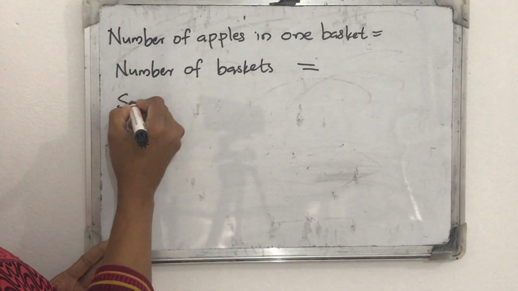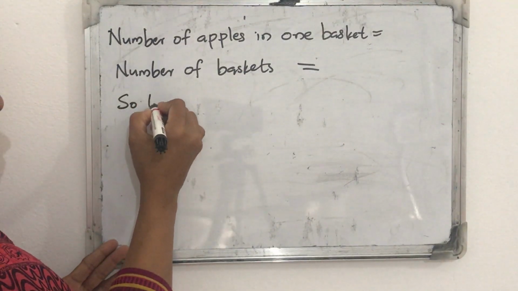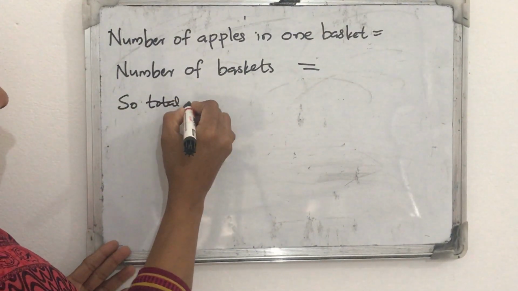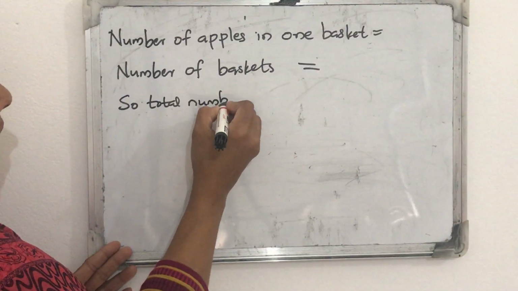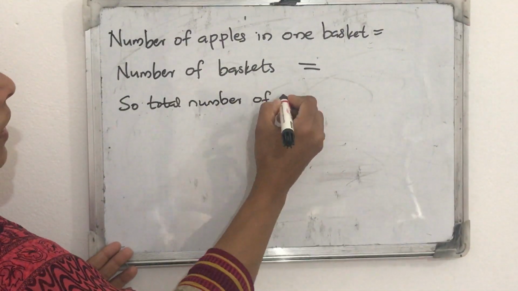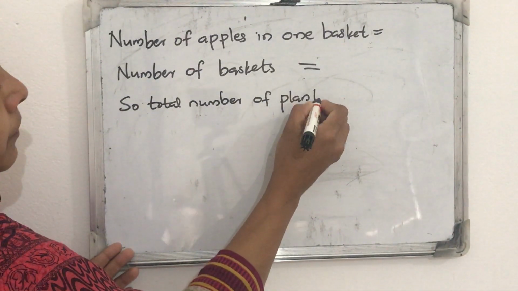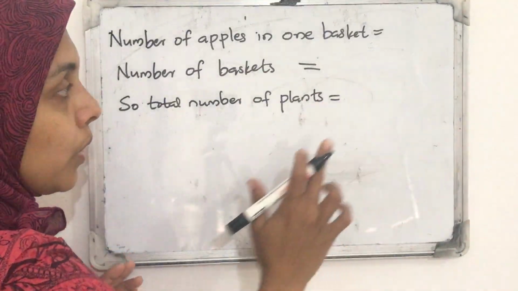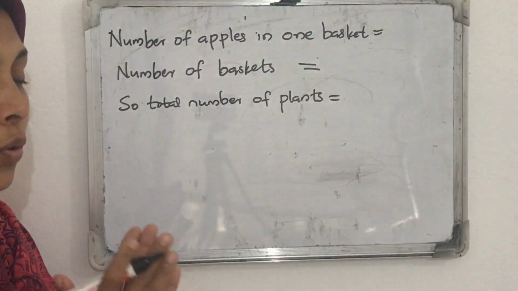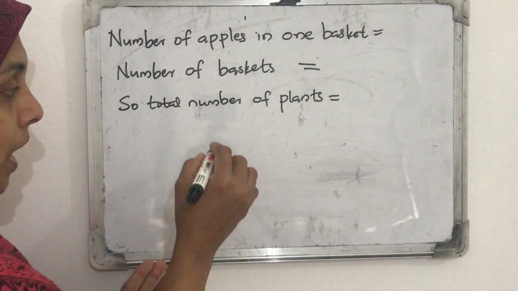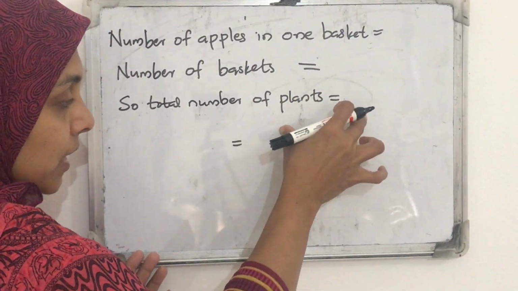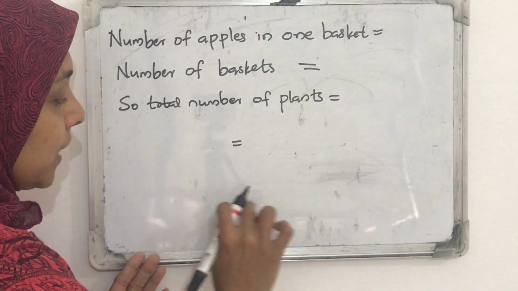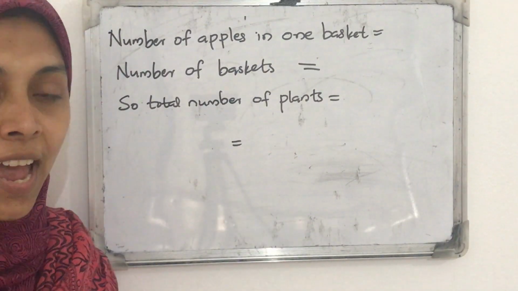So what can we write as the next step? Total number of apples. Then write which numbers you want to multiply, find its answer as the multiplication, and write this answer and double underline it.